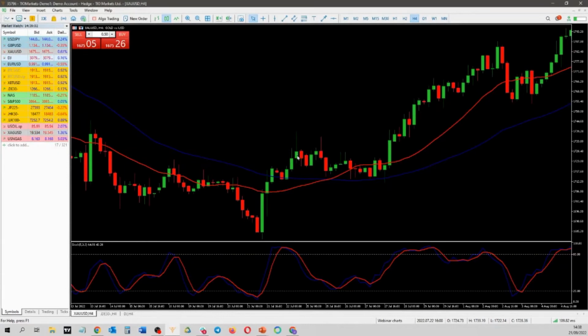Actually, tell me what's happening here. Why did the market create a candle like this? First of all, we have buying, buying, buying, hesitation, buying, buying, and then this. What is it signaling to you? Is it telling you that there is lots of momentum here, lots of buying going on?